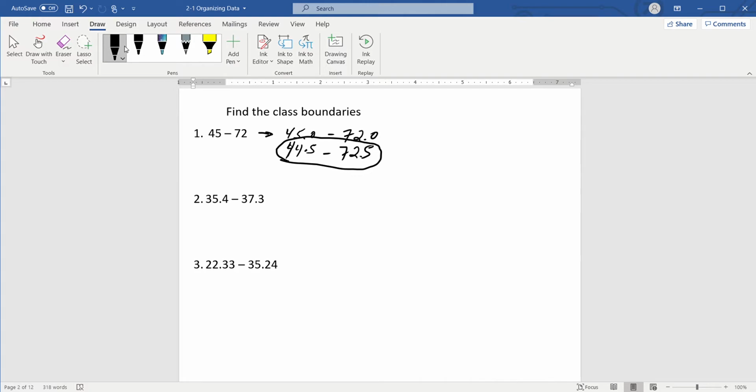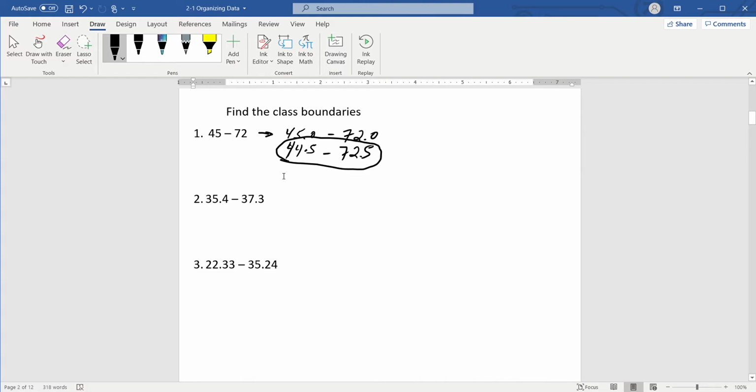If you go out one more decimal place than the data you are given, you can easily say, oh, 45 is going to be inside of here, because this is from 44.5 to 72.5. If I have the value 73, it's definitely outside of this.